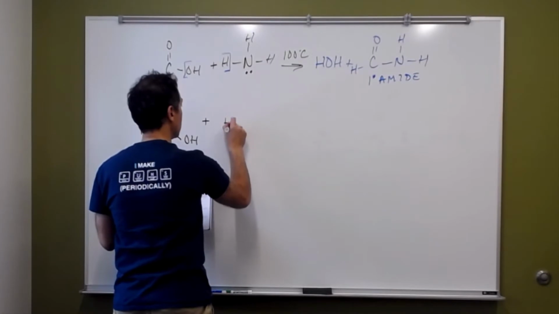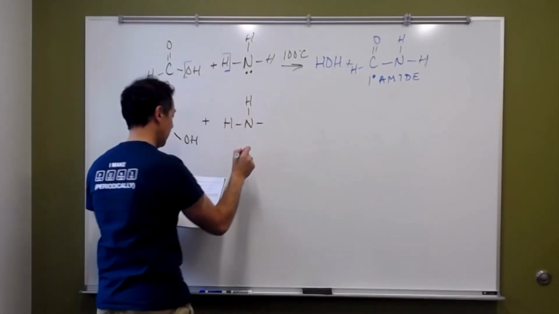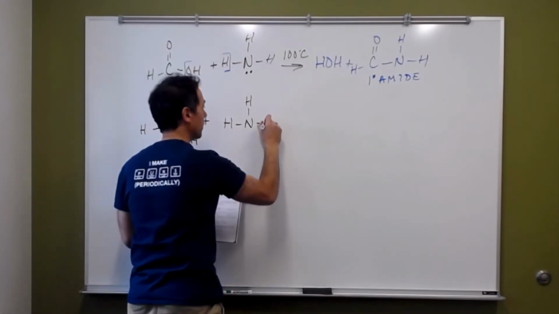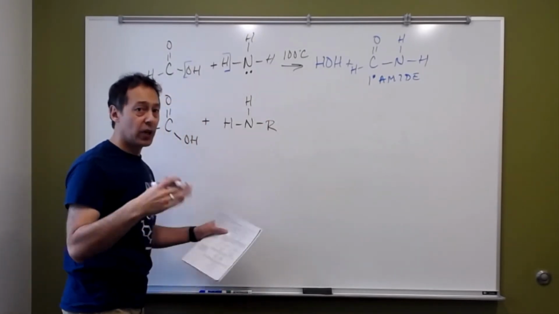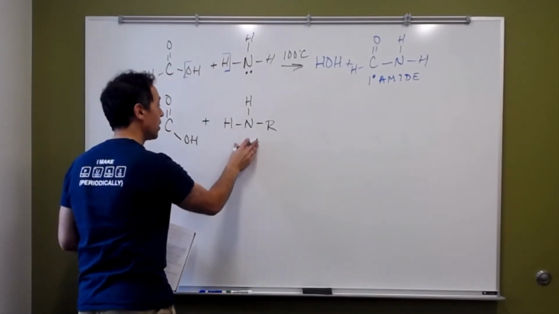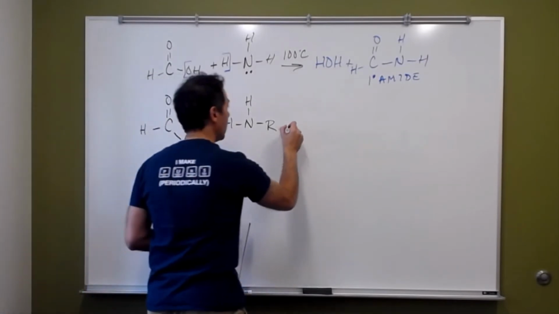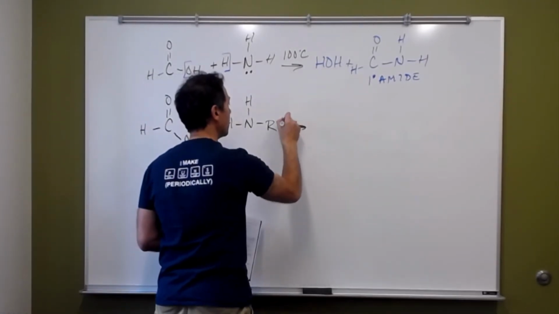So nitrogen, hydrogen, and then we would have R on here like this. Okay, and that could be 1 carbon, 2 carbons, or whatever. Okay, so this right here is going to be a primary amine, and same reaction conditions here.